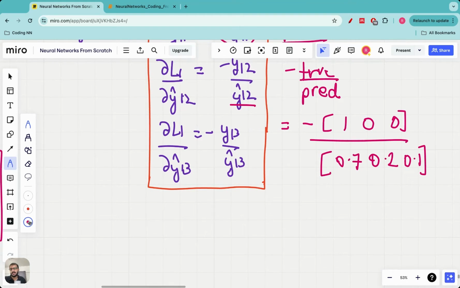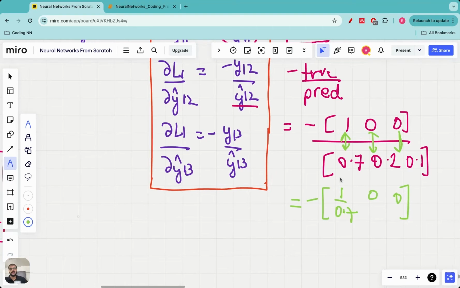So in Python, when you do broadcasting, the first term of the numerator is divided by the first term of the denominator, and this happens for all of these three. So then the answer here would be negative of 1 divided by 0.7, 0 and 0.